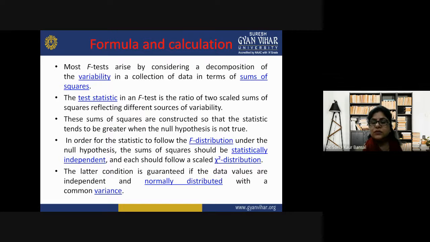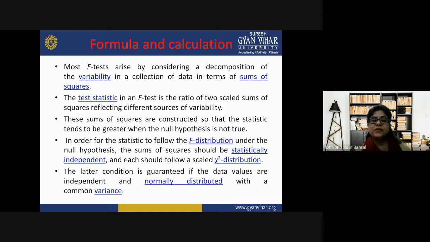Now, let's see the formula and calculation, how it is done. So, students, most F-tests arise by considering a decomposition of the variability in a collection of data in terms of sums of squares. So variability in a collection of data in sums of squares is decomposed, and it is considered when the need of the F-test is actually felt.